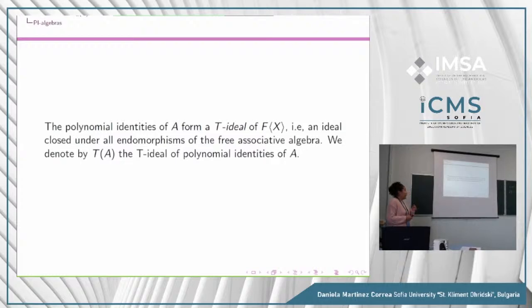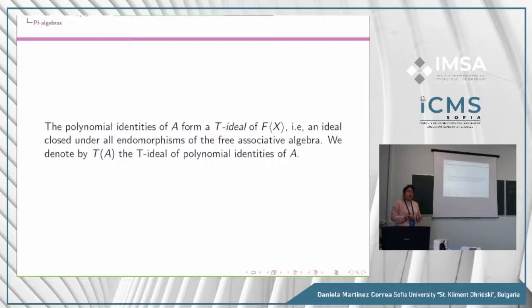So this kind of ideal that has this property of invariance is called a T-ideal. But given a specific PI algebra, it's very hard to describe all the identities. This is a very hard problem. Actually, we only know the T-ideal of a few algebras.